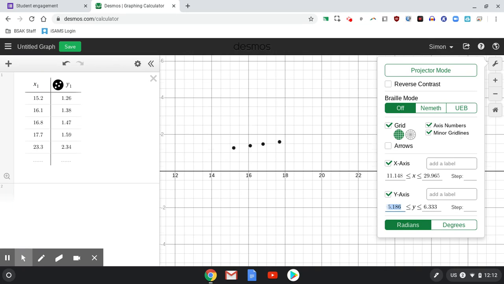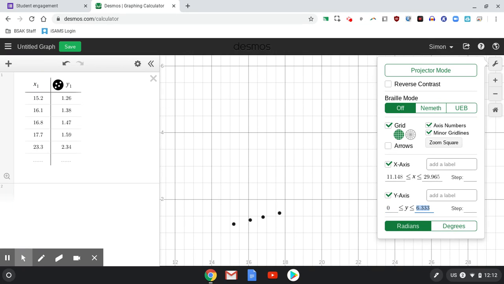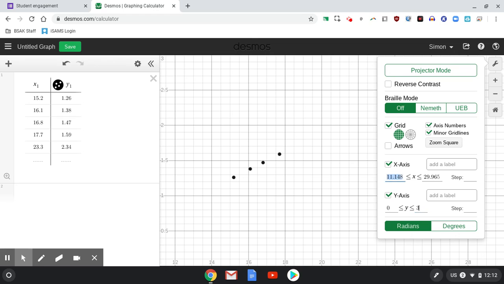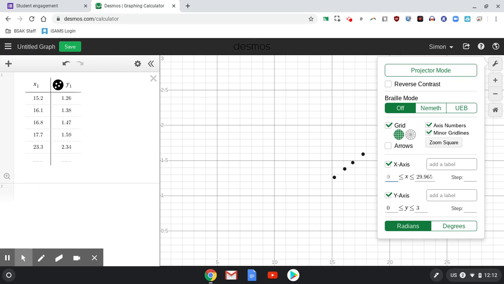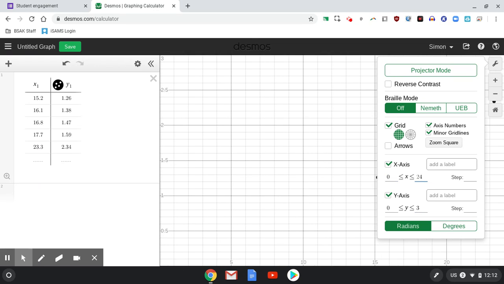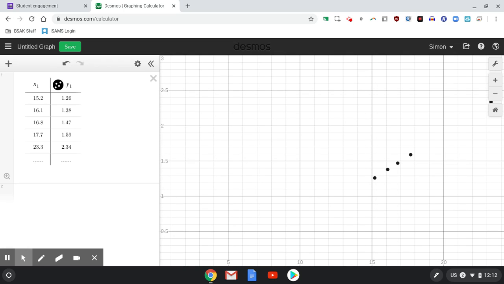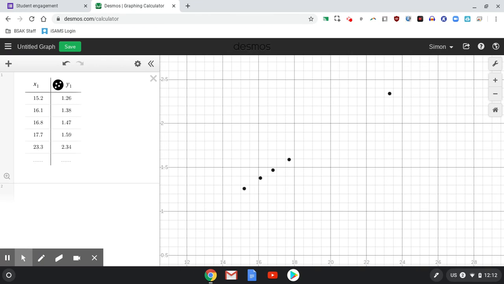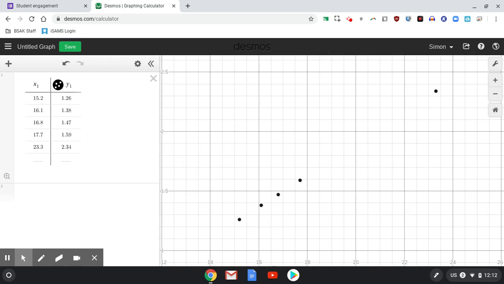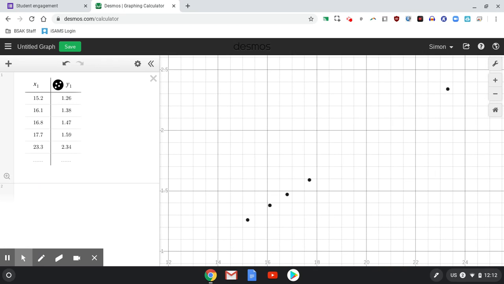Y-axis, 0 to 3. X-axis, 0 to 24. Now that should spread them out. There we go. Now when we do the line of best fit, it's going to be much easier to get an accurate one.